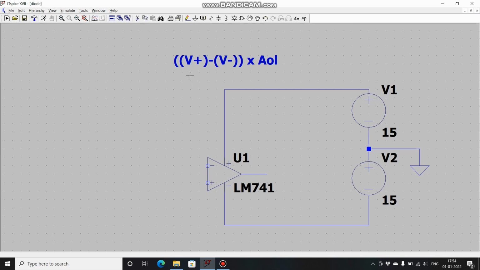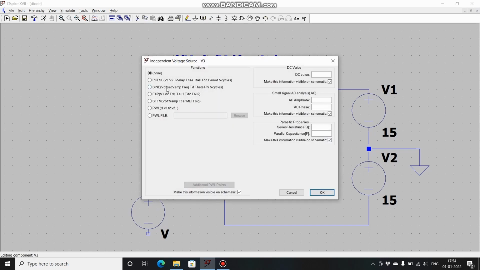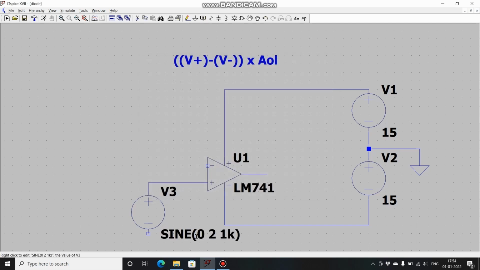So let's try this. I will use a voltage source and connect it. Let's generate a sine wave. I'll set the DC offset to 0. I'll keep the amplitude as 2 volts, frequency as 1 kilohertz. I'll click OK and it has been placed. This minus terminal will be connected to ground like this.